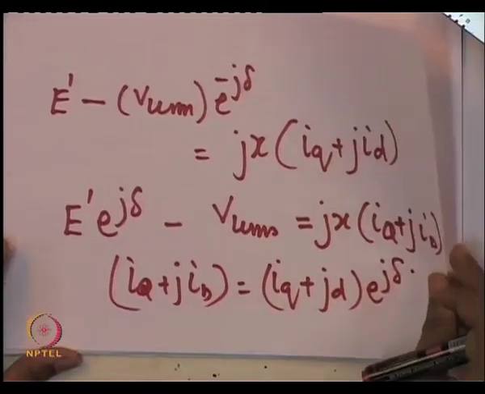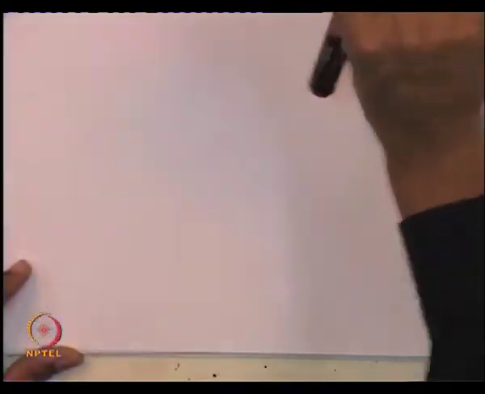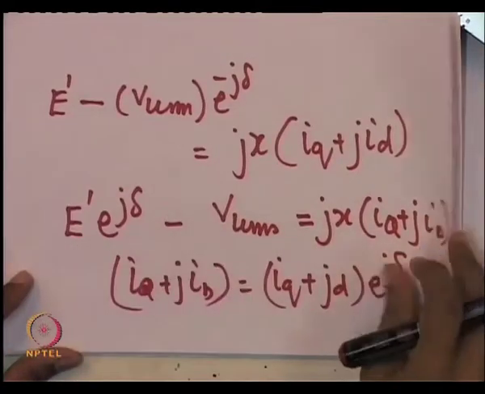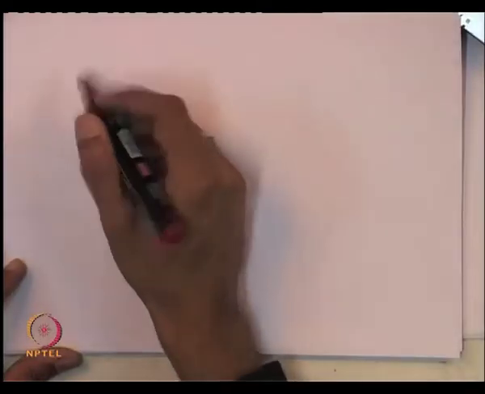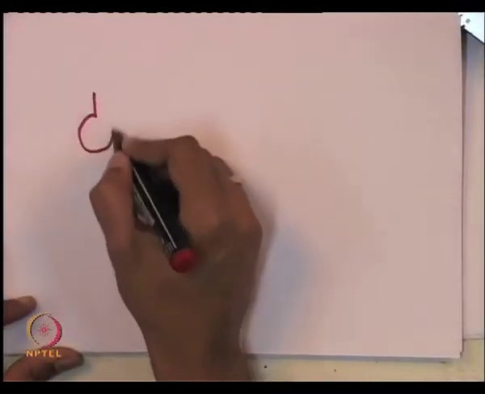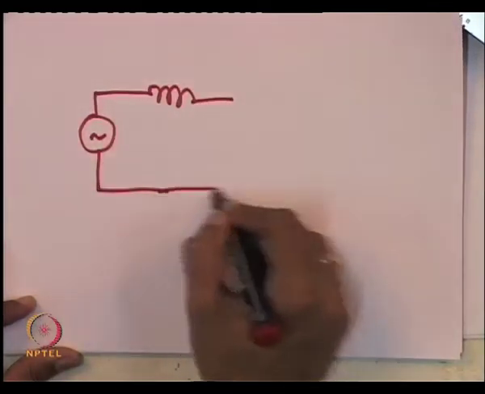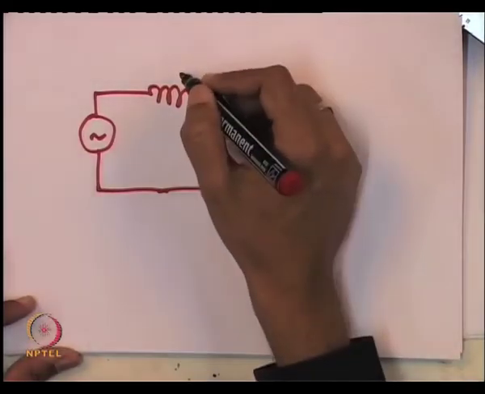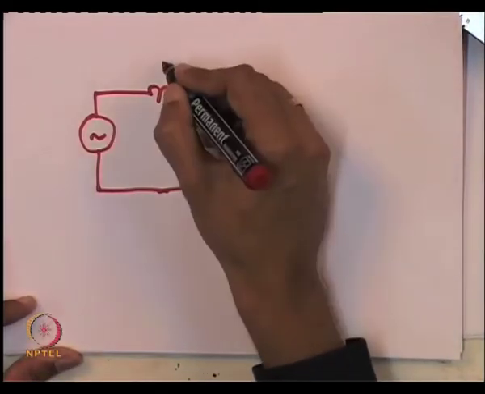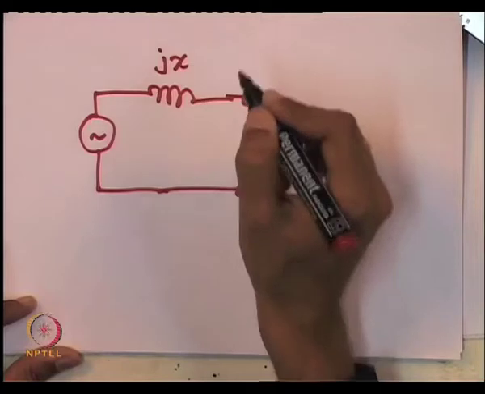So, what we have here is effectively a synchronous machine model in which the electrical equations are simply given by this, or effectively an electrical circuit. If you want to represent the synchronous machine electrical equations, it is simply a phasor, that is an algebraic equation.